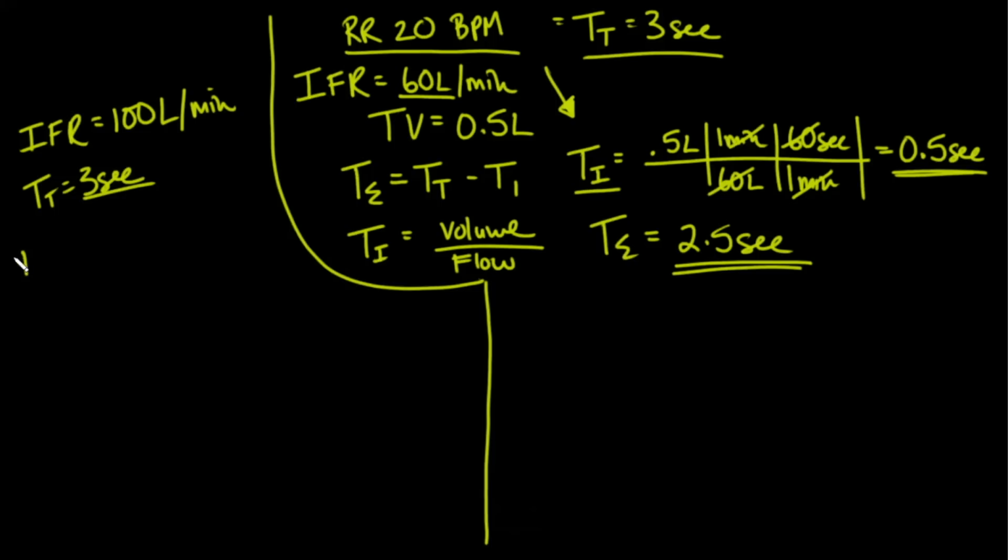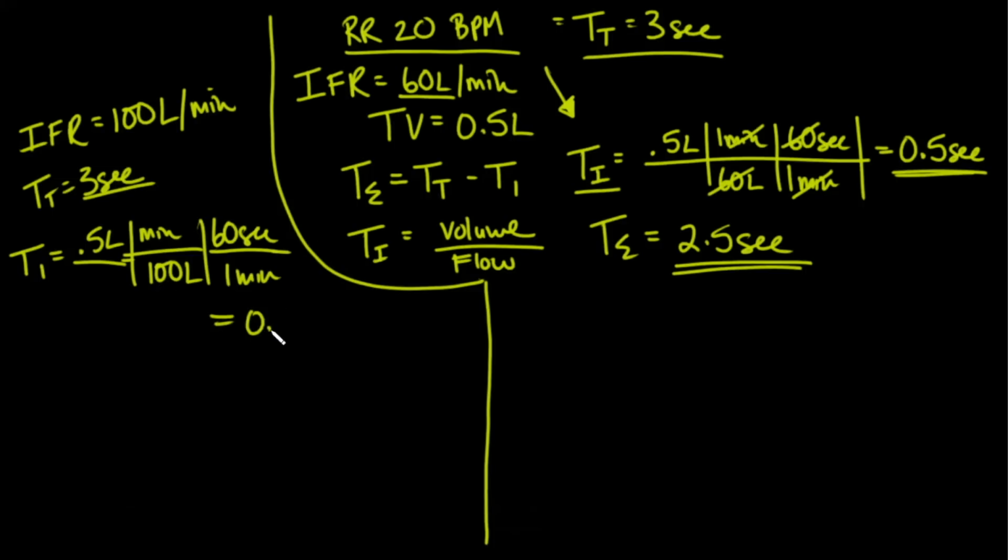So in this case, the volume is, again, 0.5 liters because we haven't changed anything there, and we're going to be having 100 liters per minute. But again, there are 60 seconds in 1 minute. And so if we do 0.5 times 60 divided by 100, what we get is 0.3 seconds.